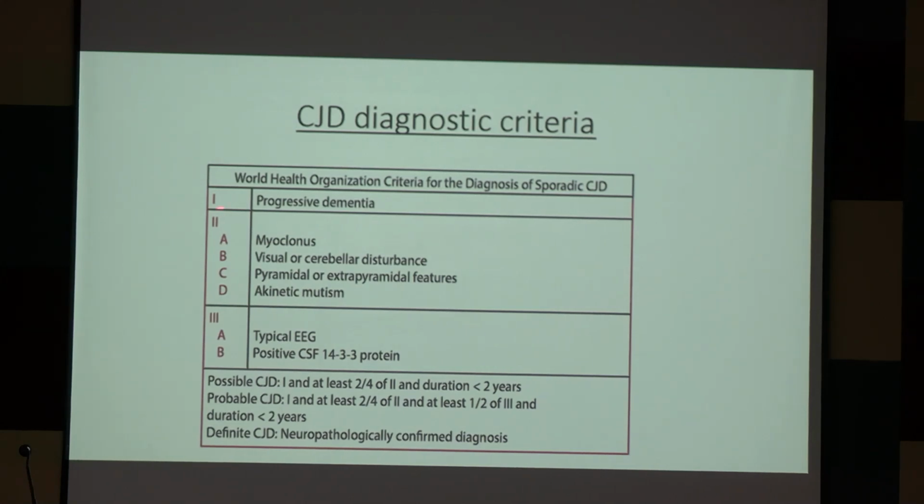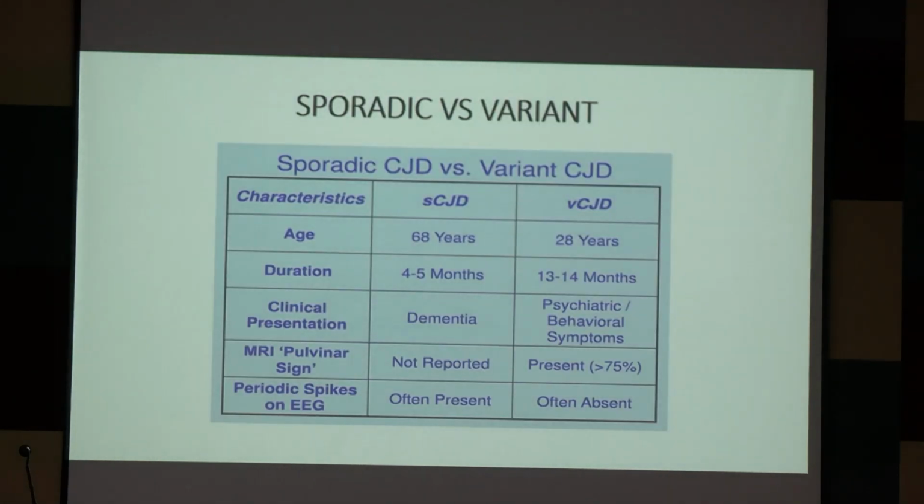বোঝা গেল? Any two of criteria 2 and any one of criteria 1. Criteria 3 and criteria 1 is present. ঠিক আছে? So these are diagnostic criteria. The variant and sporadic key difference. Variant মনে রাখবে psychiatric symptoms are common, okay, and sporadic dementia, and age of onset is late and it's early, okay.